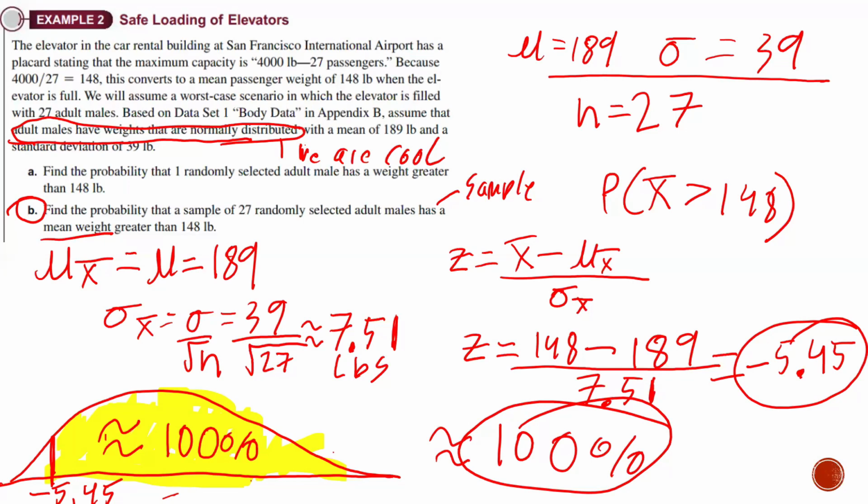So do I divide by the standard deviation of the population? 189 was the mean, but it was 39, but for the idea that had a sample, did I use the standard deviation of 39?